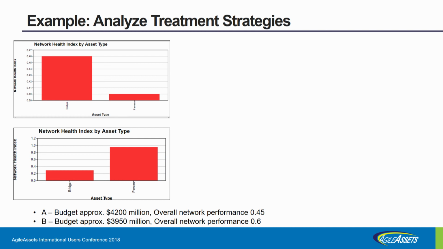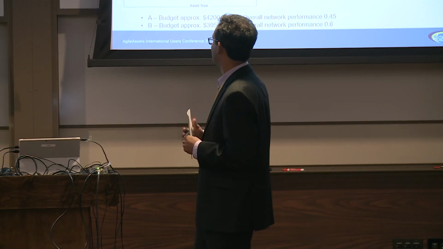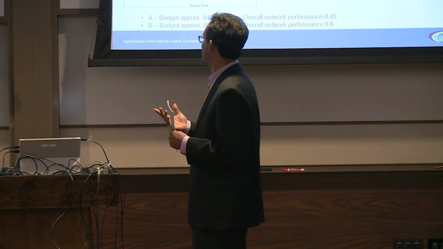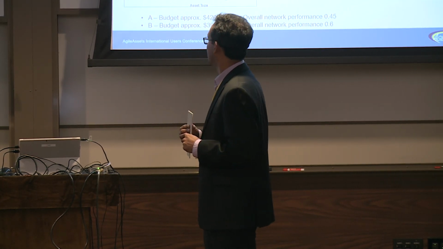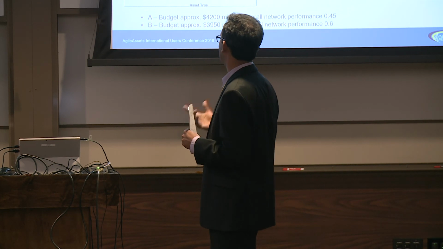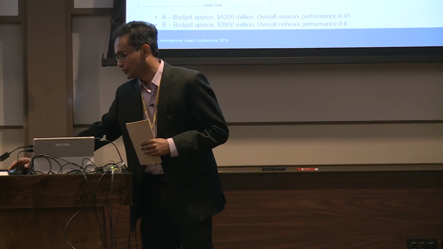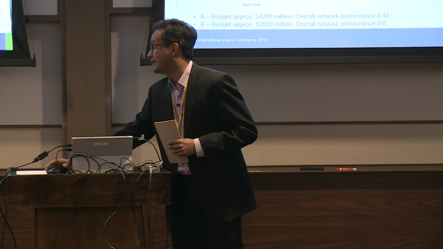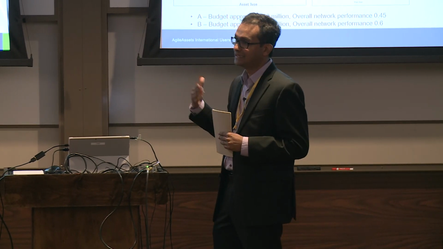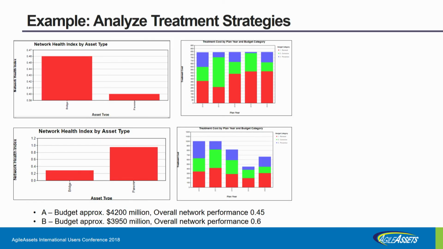In the next one, point B, it's the opposite. The bridge is only getting a net health index up to 0.3, whereas the pavement is getting almost close to 1. So I need to drill down a little bit and see what is going on with this investment strategy.